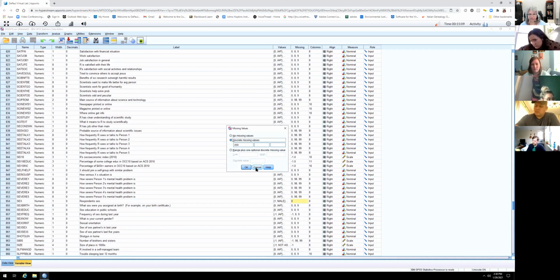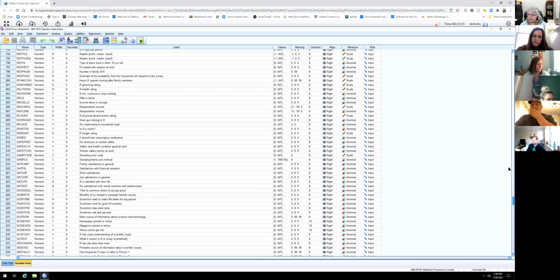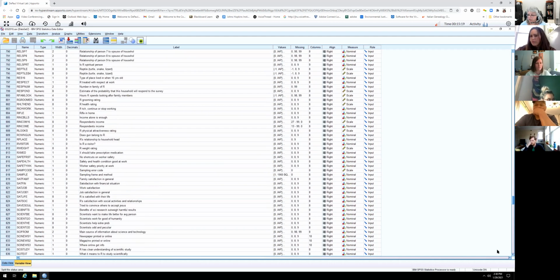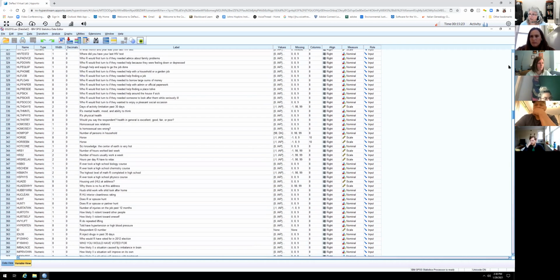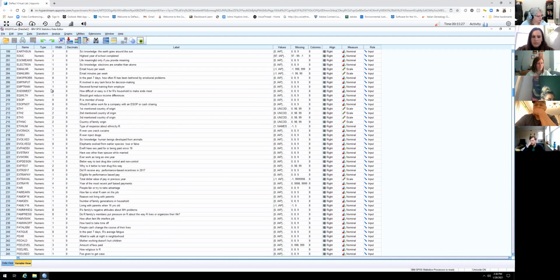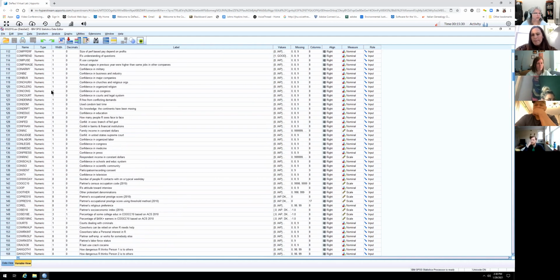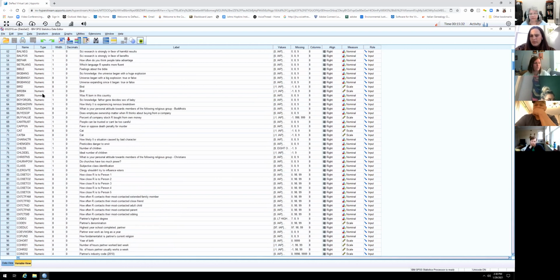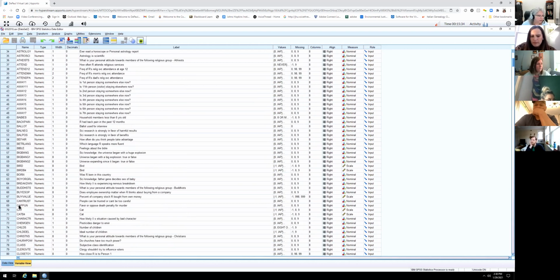Okay. And then the dependent variable is up above for death penalty. It's actually titled CAPON. In other words, capital punishment is what they were titling it. Here it is right here.